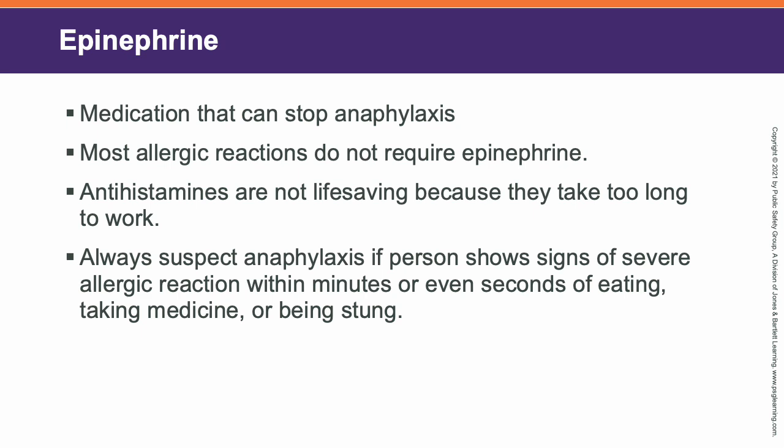Basically, we're trying to slow down the body's overreaction to something. It's like the body, when it detects something, goes into a very severe immune response. It's trying to fight off something that it thinks is going to hurt the body.